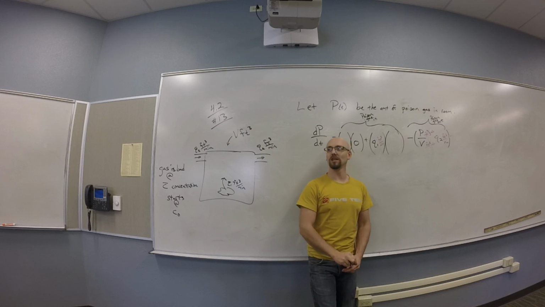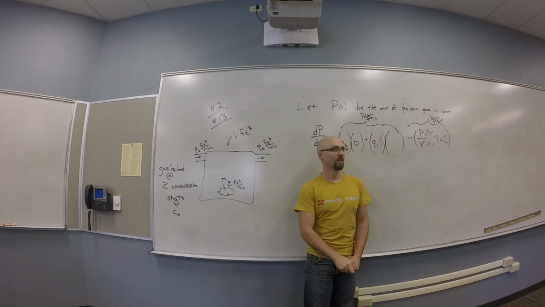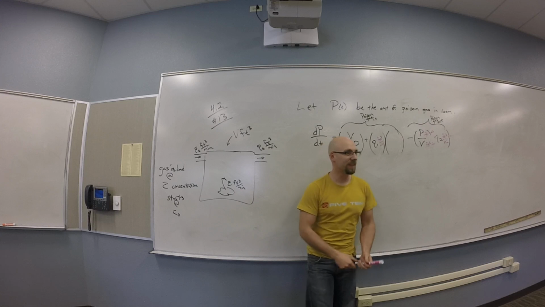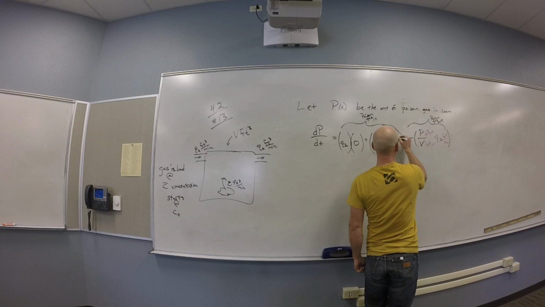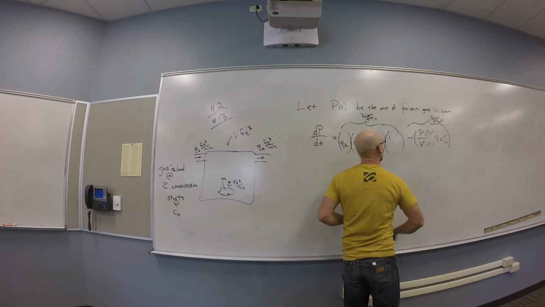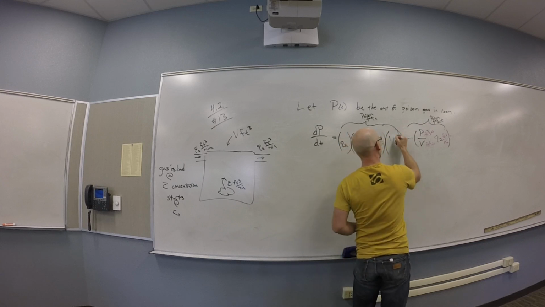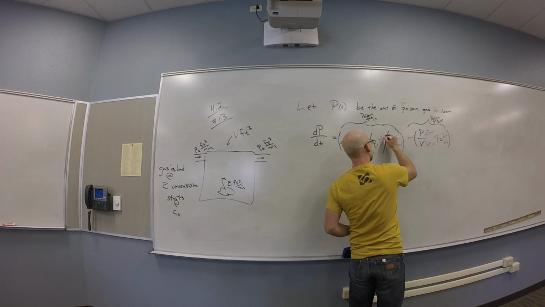What's the concentration of poison gas being generated down here? It's just 1, because all that stuff is poison gas. That's 1 cubic foot of gas per cubic foot of mix. And the flow rate is again a mix.